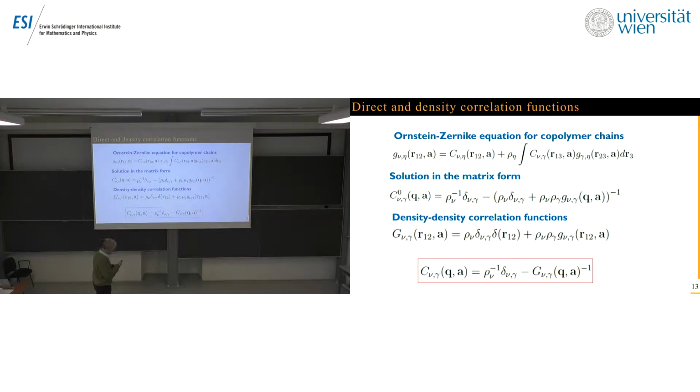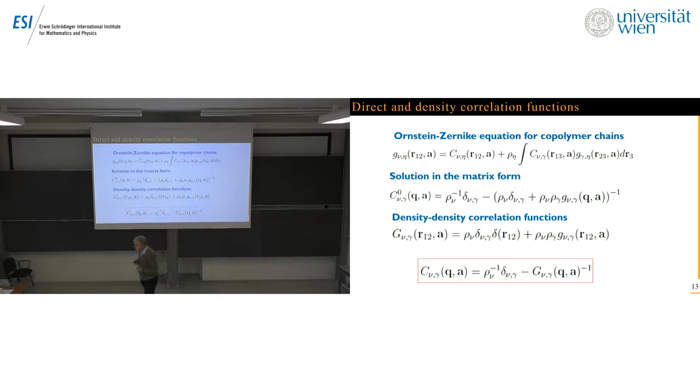Okay, and so we have expressed our densities, at least in principle, via the integral equations in terms of the direct correlation functions. But we still need to calculate these direct correlation functions for the chains.